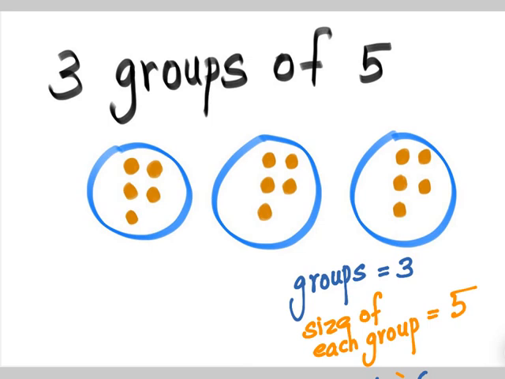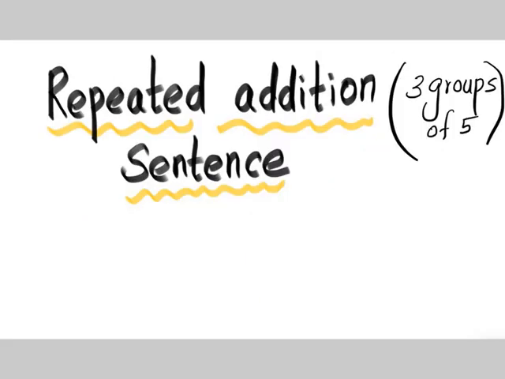Let me give you a quick recap of what we learned. So in this page there are 3 groups and the size of each group is 5. Repeated addition sentence.